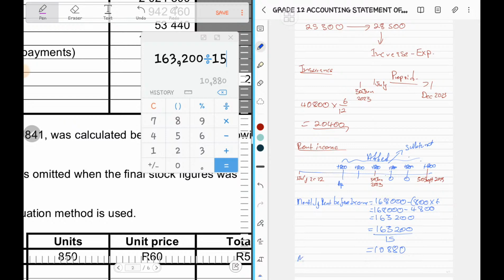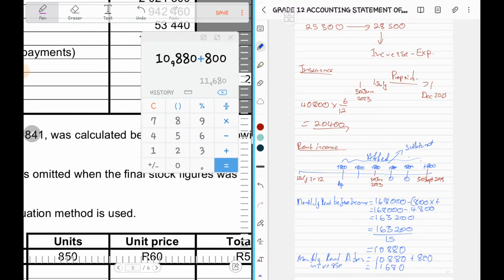So we want to find the monthly rent after the increase. It will be how much? It will be 10,880 plus that 800. The monthly rent income after the increase is 11,680.